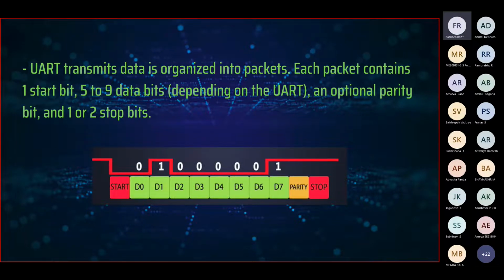So I'll just give a small recap of baud rate. Baud rate is basically the rate at which data is transmitted between devices. Suppose you have a baud rate of 9600. That means in 1 second, 9600 data bits can be transmitted.